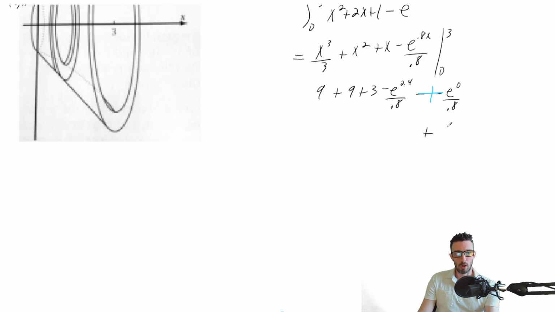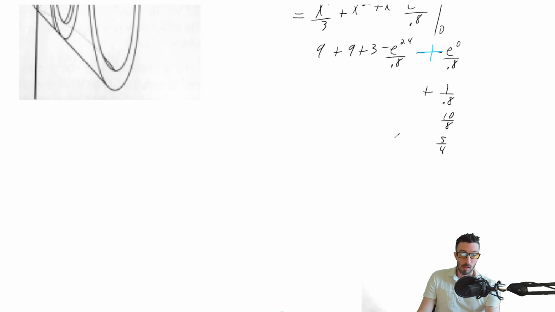Plus 1 over 0.8, which is the same thing as 10 over 8, move the decimal over 1 for each, which is the same thing as 5 over 4. And, yeah, whatever. 18 plus 3, 21. And then minus e to the 2.4 over 0.8.